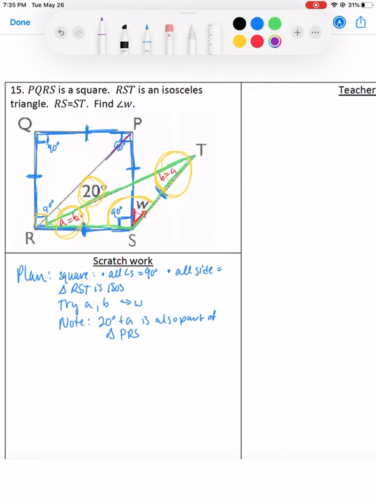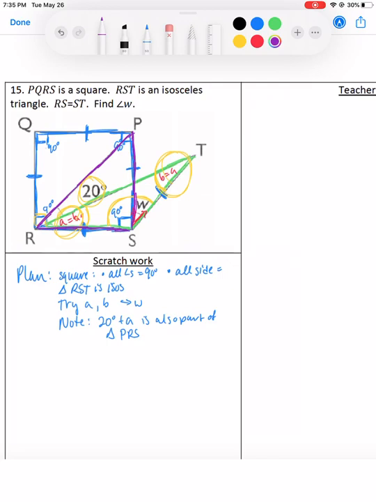So here's PRS right here. That's purple. That's in a triangle there. That triangle looks like it's half of the square, but we can't assume that right off the bat. We need to prove it somehow.